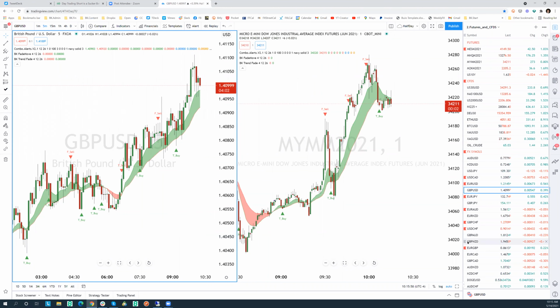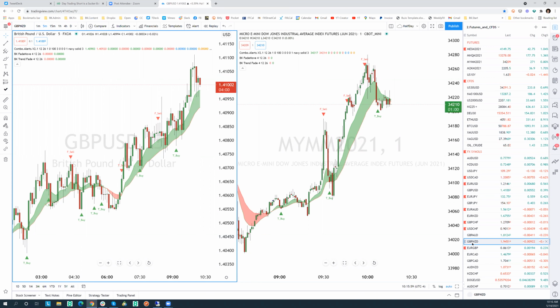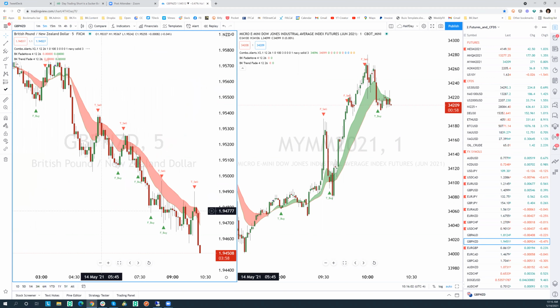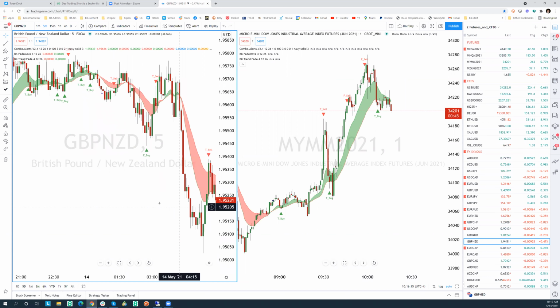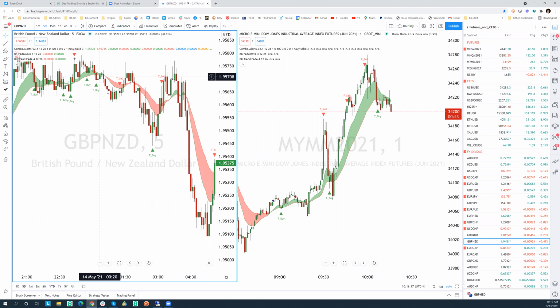Currency, let's just have pound Kiwi. I don't even know, let's just take a look. Look how great that is. So you're trading pound Kiwi, you're only looking for the sell sides. He's taking the trend sells all the way down, and fade sells on the way up if you get a fade sell. I think this is a fade sell over here, and this is a fade sell over here.